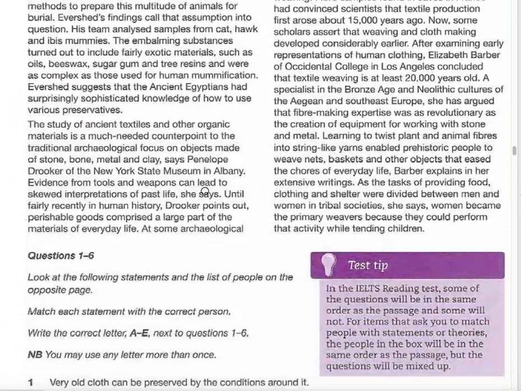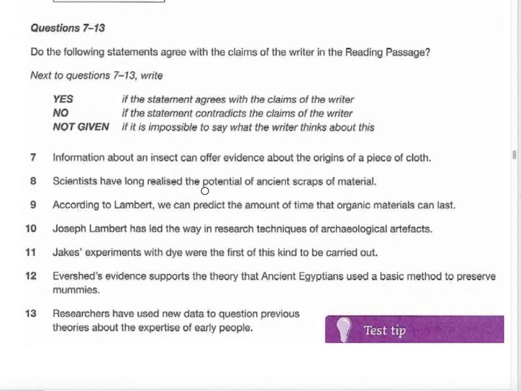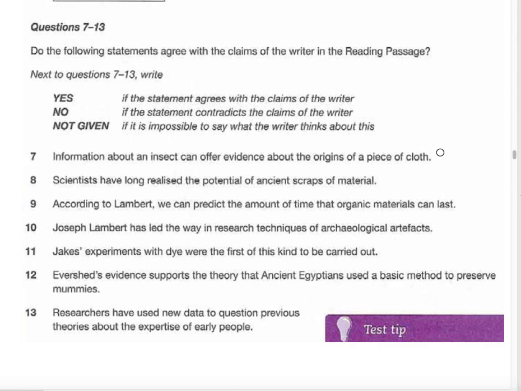That one is, there you go, 7. Information about the insect can offer evidence about the origins, where it was made. Yes. So that seems to match exactly.